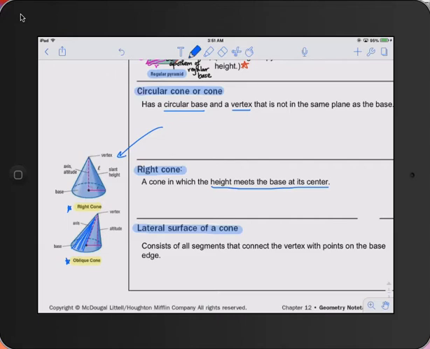But most people would understand it this way: if you think of an ice cream cone, it's the outside surface of the actual sugar cone, not including the inside of it, and not including any kind of base. So for the lateral surface area, we're just going to use the curved part that goes around this way, not including the base.